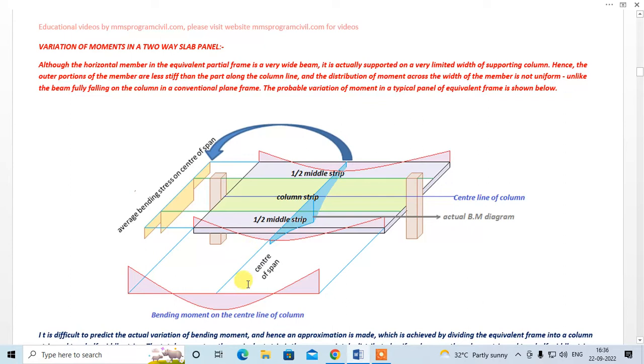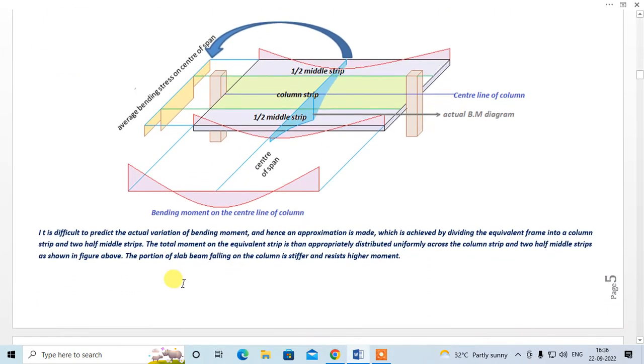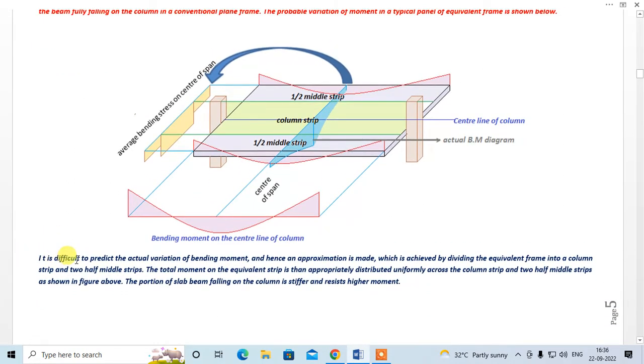So the code has made some assumptions and has made things easy for the design of the flat slab. It is difficult to predict the actual variation of the bending moment, and hence an approximation is made, which is achieved by dividing the equivalent frame into a column strip and two half middle strips, right?